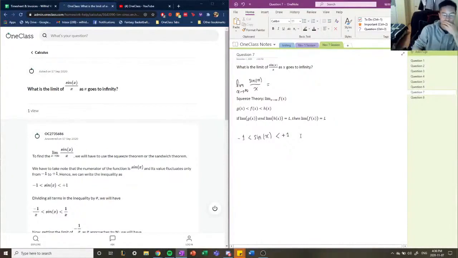Okay, so what if we divide everything in our inequality here by x? So what do we get?